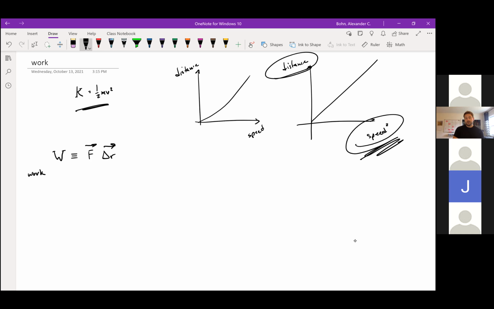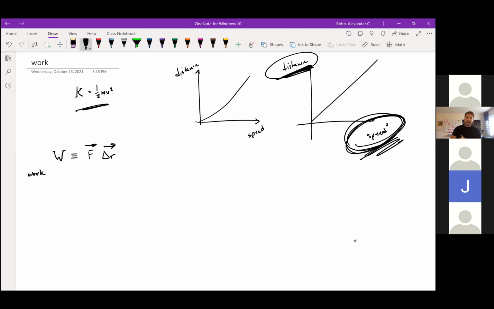Now, if this new animal work is going to say something about the relationship we observed in the activity, a force applied for a distance should be relatable to the square speed. Now, square speed, that's scalar.